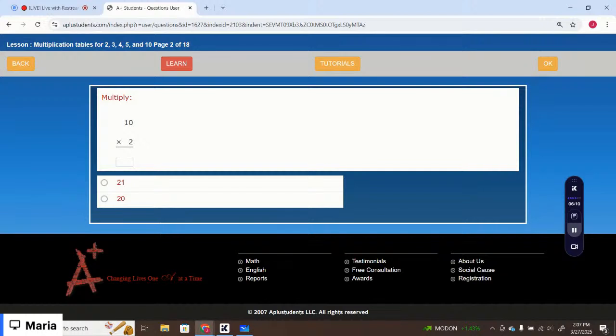10 times 2 or 2 times 10, which is the correct option? Very good. 2 times 10 equals 20. Option number 2 is the correct option. Option number 2 is the correct option.